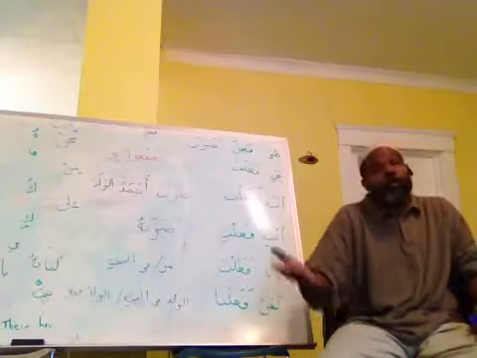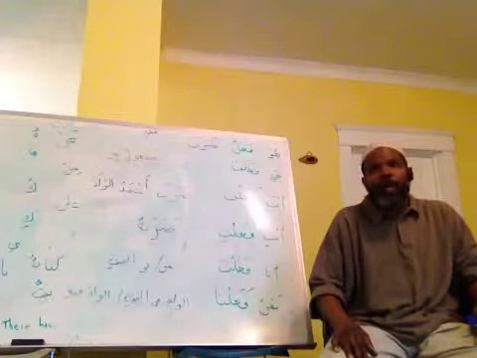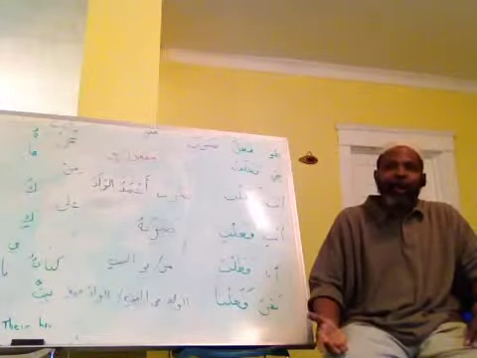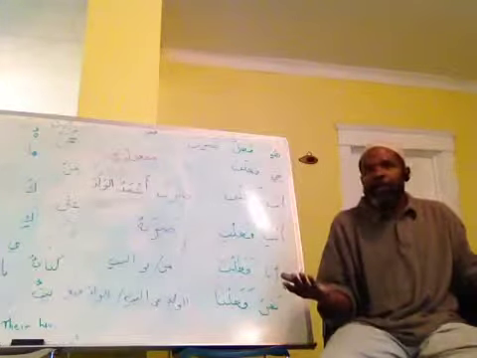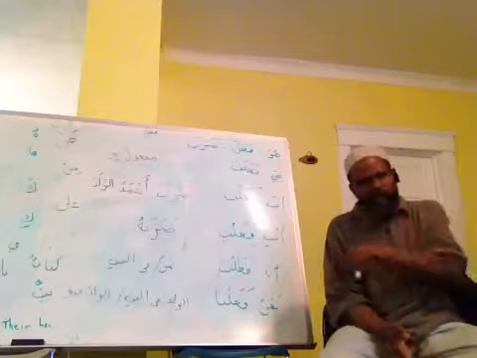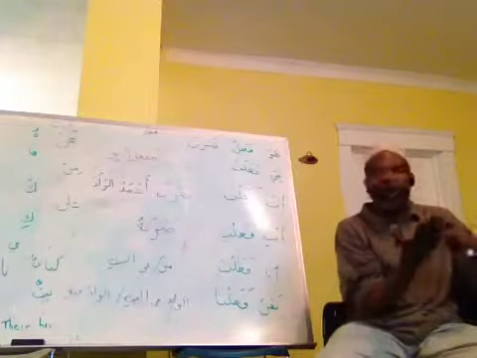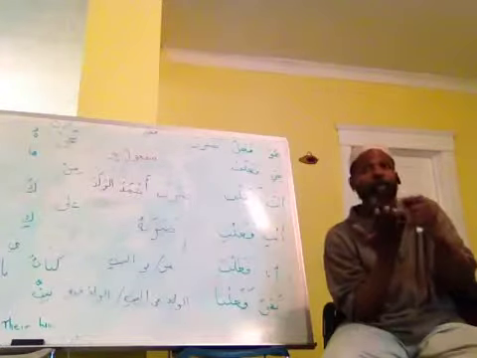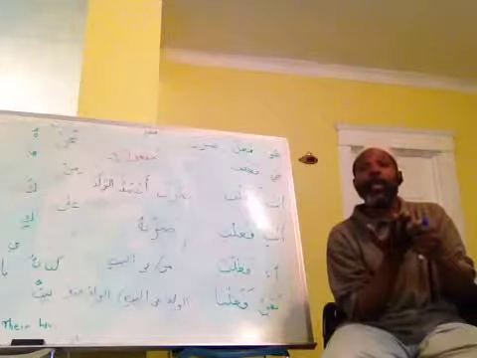It's only a dual for you, like if we're talking to two people. And then we have nahnu, which we should learn initially, but nahnu can be used whether you're talking about dual or plural. So it includes both dual and plural for we.